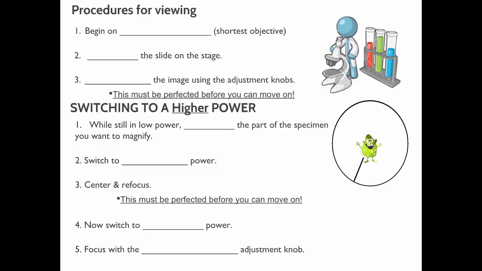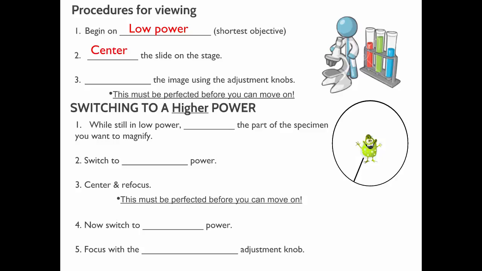And you always start with the low-power objective, the shortest lens, the lowest power. It's the red ones on our microscope. Okay? So you always want to begin on low power. You touch the outside, you don't touch the bottom because you could get fingerprints on it.